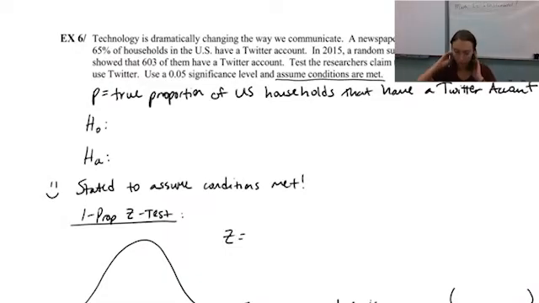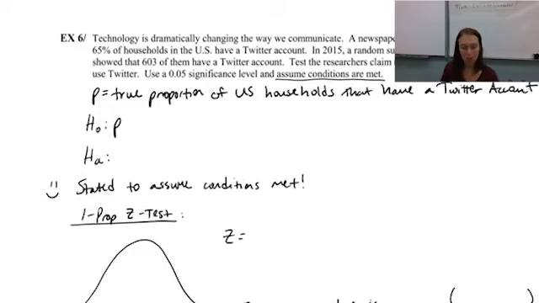All right, now think about what the claim was. The researcher's claim was that 65% of households use Twitter. Is he saying at least 65%, at most 65%, more than, less than? No, he's just saying 65%, period. So that's the null hypothesis.